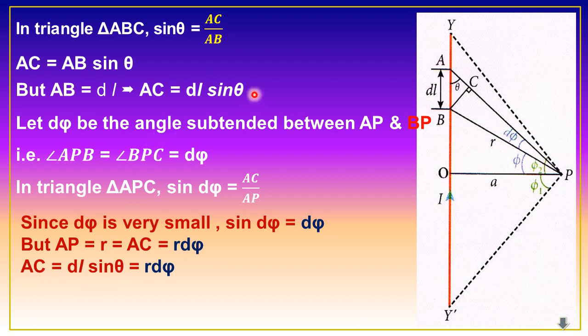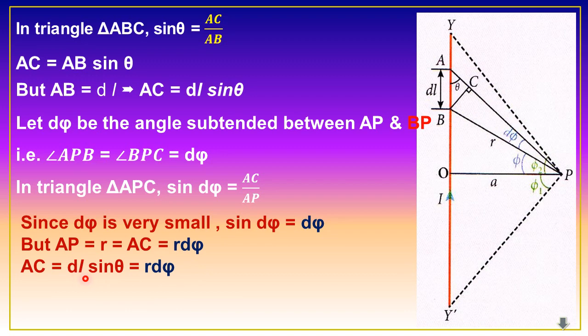AC is equal to dL sin theta, as already defined in the earlier equation. We put the value of AC here.